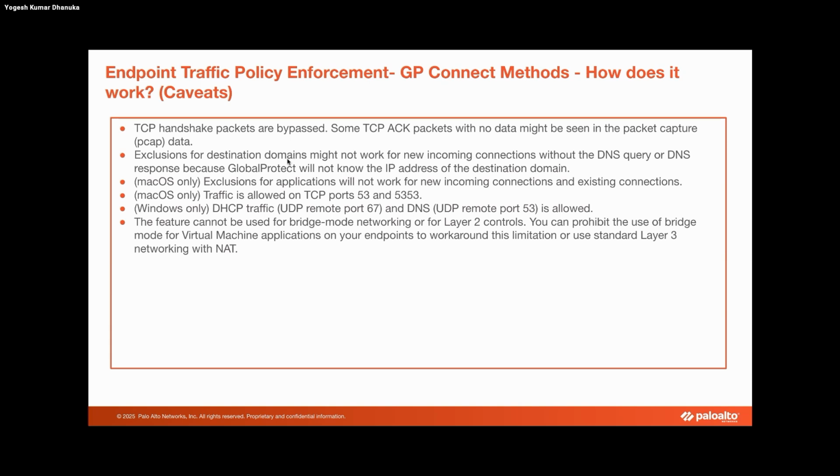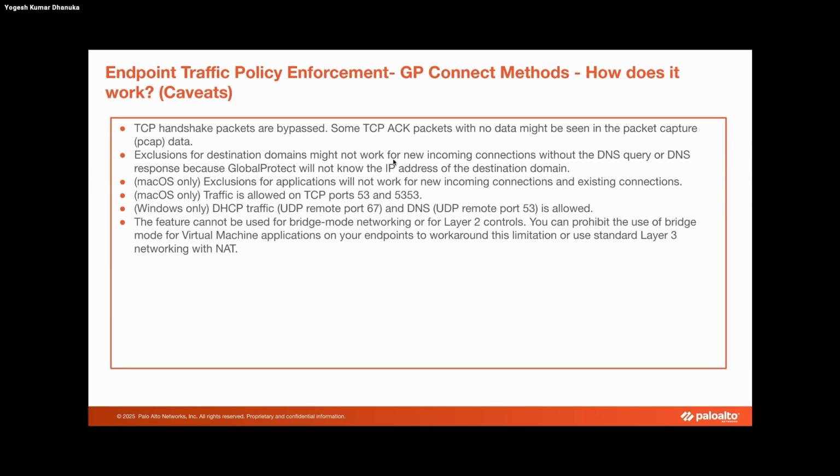As we discussed for the destination domain, this is talking about split tunnel. As we know, there is a split tunnel configuration option for domains, say, for example, YouTube. So if the system already has a DNS cache for YouTube, it knows the IP address.